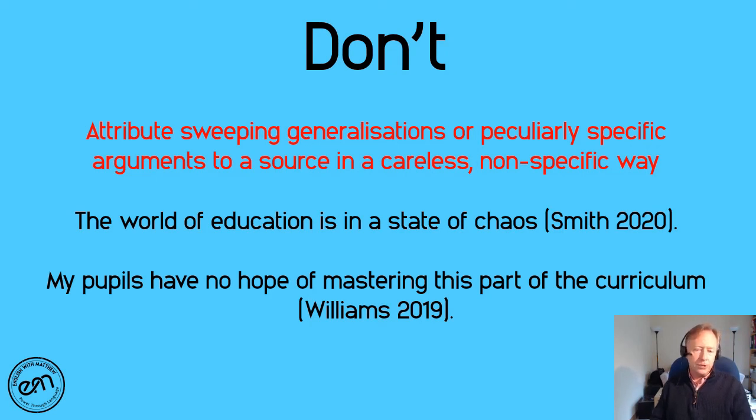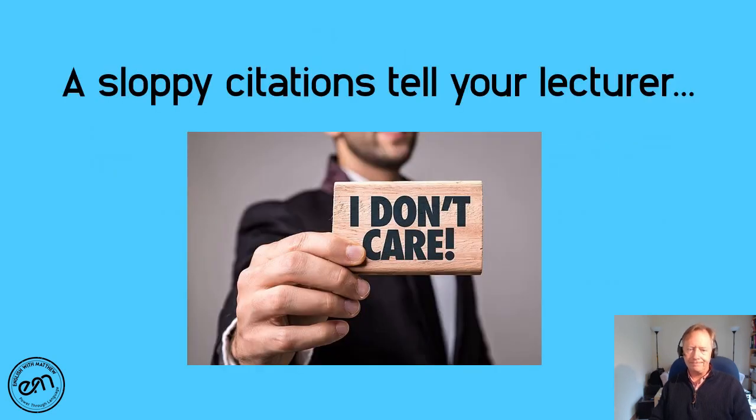Or, my pupils have no hope of mastering this part of the curriculum, says Williams in 2019. I don't think Williams knows your pupils, and I really doubt that he or she was speaking about your class. So just make sure that you're quoting or paraphrasing precisely. Because if you're sloppy with citations, it just tells your lecturer or your professor, I don't care enough to get this right. Because it is kind of mechanical. As long as you follow the rules, you'll get it right.